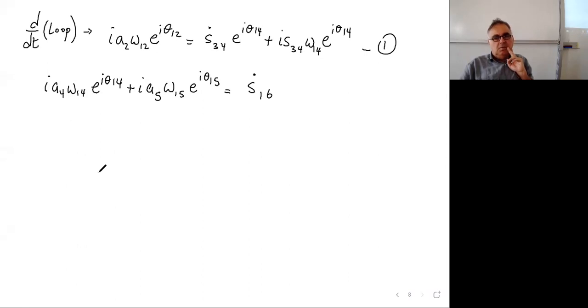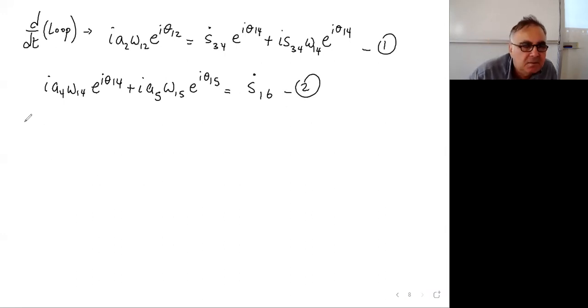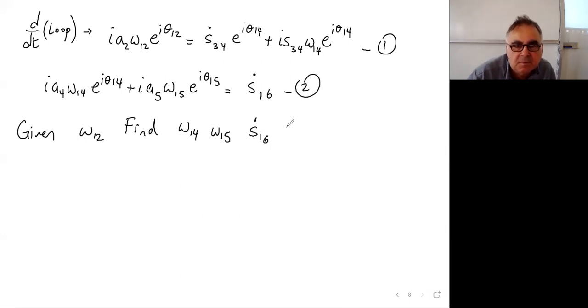Now for these equations, let's say given is omega 1,2. We want to find the following: omega 1,4, omega 1,5, S16 dot, and S34 dot. In principle, it is possible.